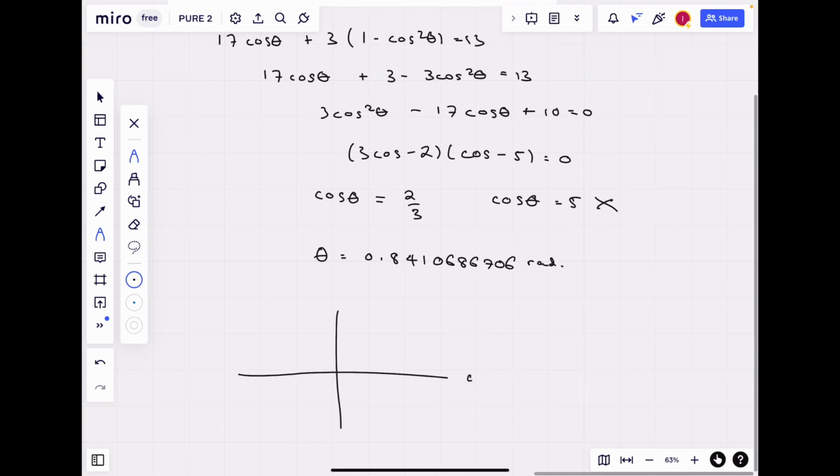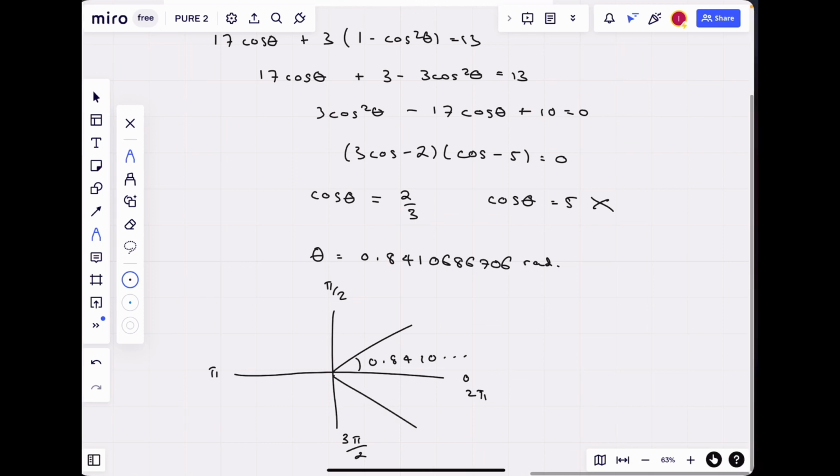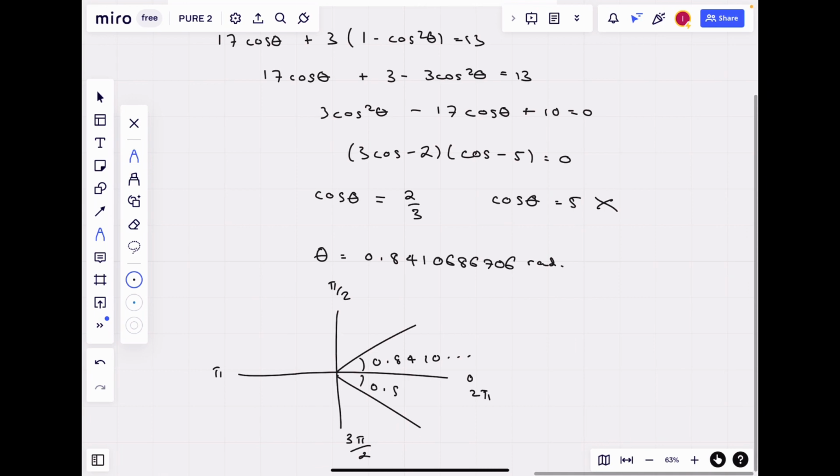Do the CAST diagram. And now we draw 0.841. It's cos, so it's going to reflect down this way, where this is also 0.841.